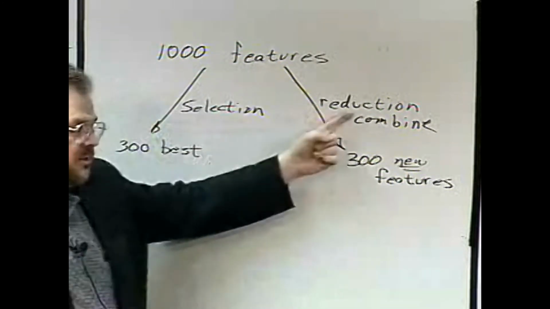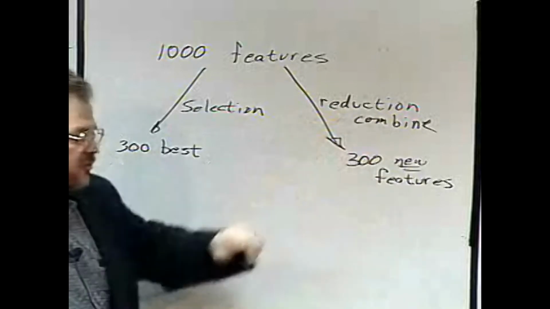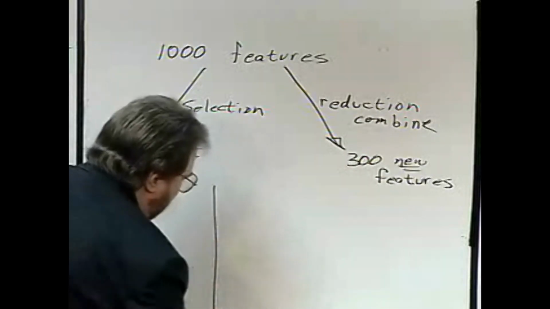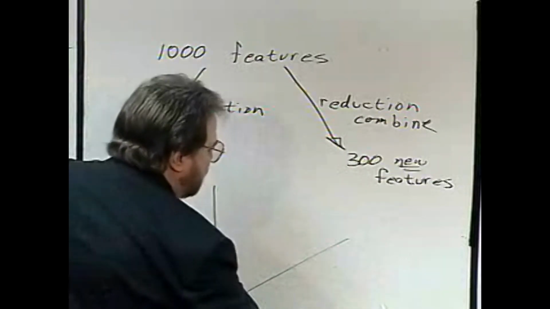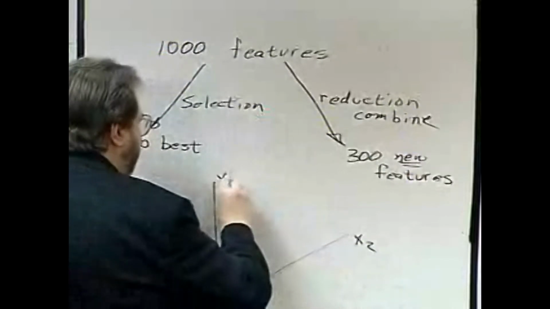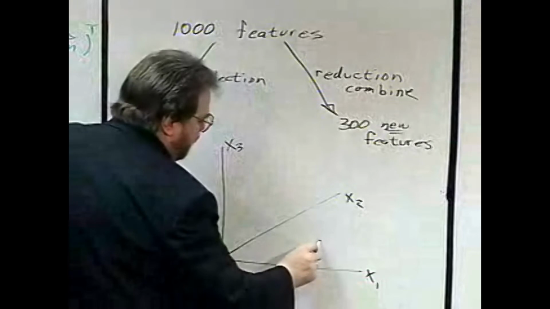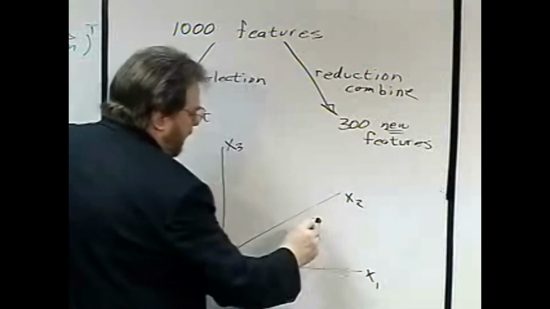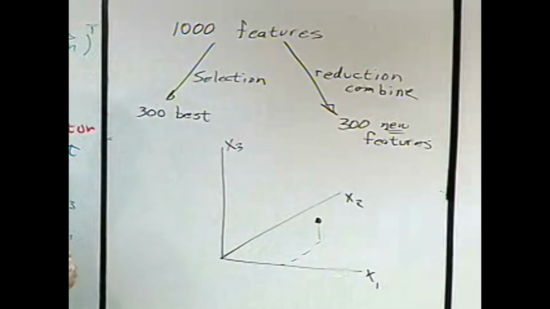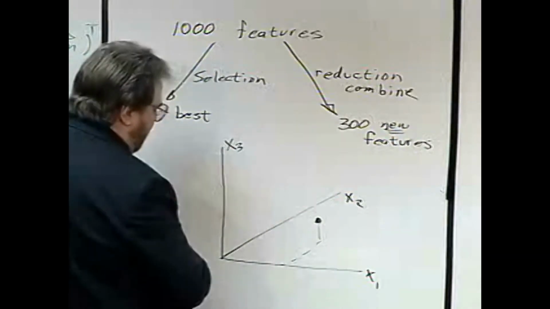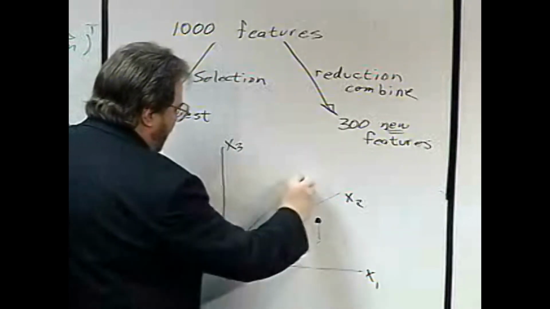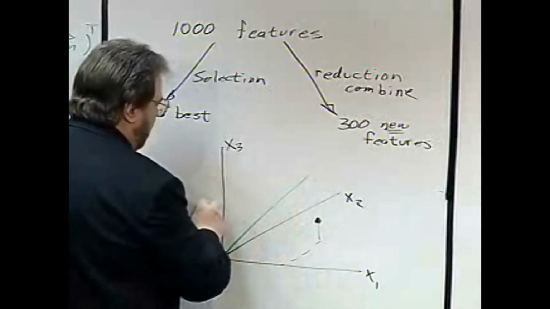No, it's reduction. It is reduction because, say I have a value x1, x2, and x3, and I have a data point here in x1, x2, and x3. Okay? Now, with feature reduction, or with singular value decomposition, what I've done is I've defined a new plane here, if you will.